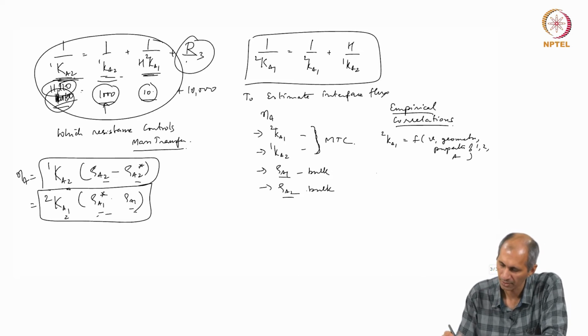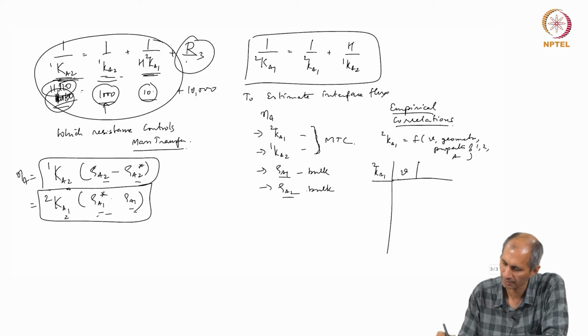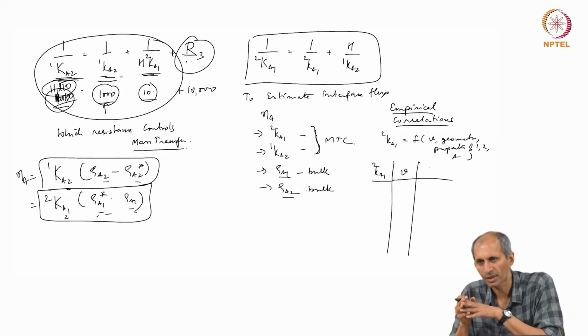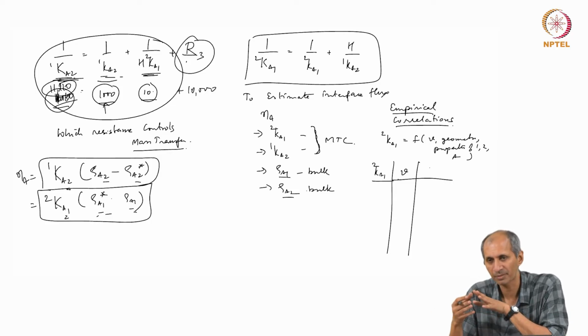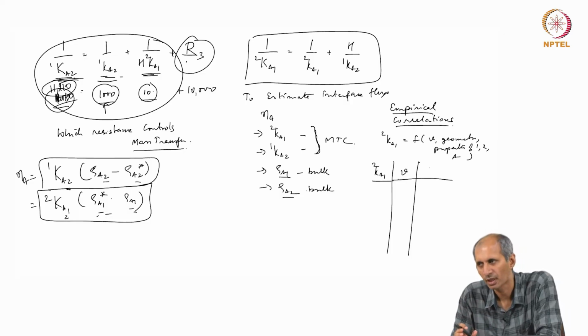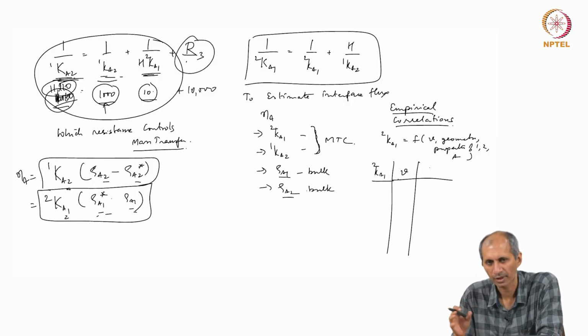So, you have K12 measured in experiments, with velocity and with geometry. What we mean by geometry is, let us say that we are looking at mass transfer, the system definition becomes very important. So, this mass transfer coefficient from lake water, the gas side mass transfer coefficient on a lake.